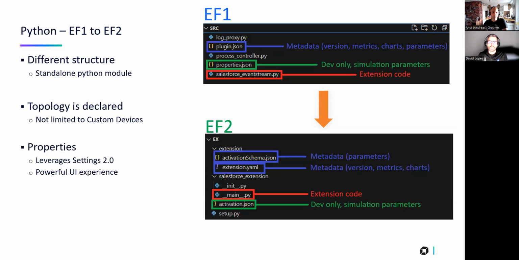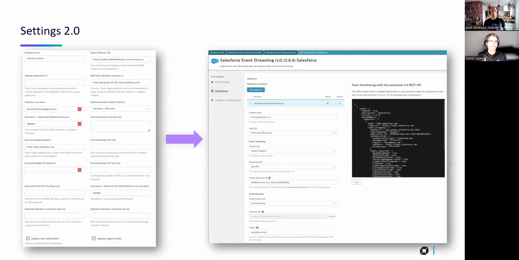Now in EF2, you can create new entities in Dynatrace and create the relationships between them, which is quite powerful for the metric correlations that Dynatrace can do. The properties that you ask the user for, so if your extension needs to ask for a username, a password, any input from the user, leverage Settings 2.0 in Dynatrace, which is quite powerful as well.